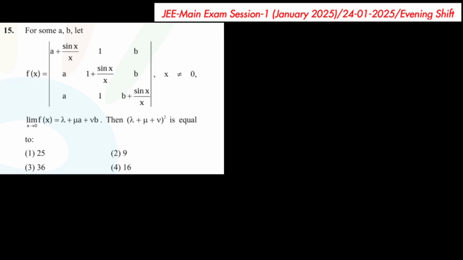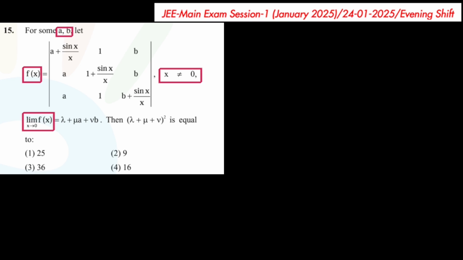In this question, function f of x is given in the form of a determinant where a and b are constants and x not equal to 0. We have to take the limit of f of x as x tends to 0, that is, the limit of this determinant. As we know, when we take the limit of a determinant, we have to take the limit of each of the elements of the determinant.